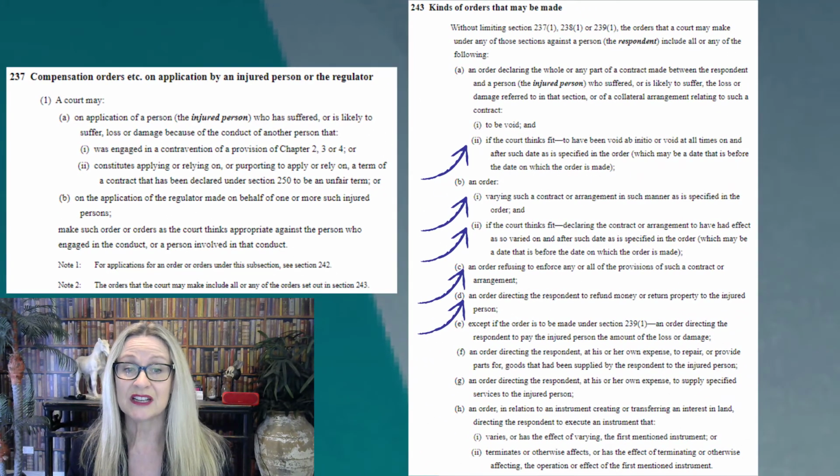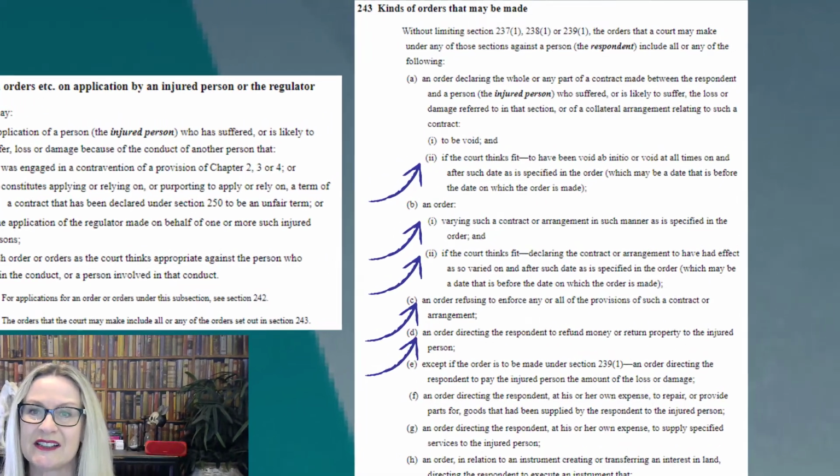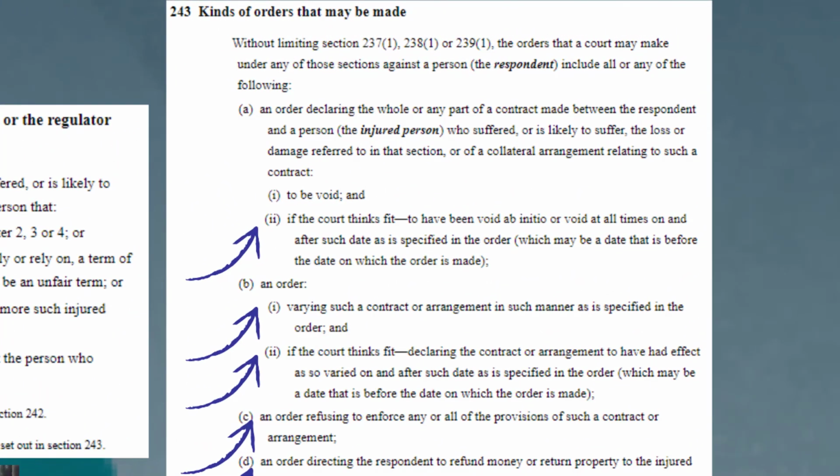Then note 2 says, for orders that the court might make, go ahead and have a look at 243. So then we go ahead and we have a look at 243, and it's an inclusive provision, we see immediately: without limiting section 237, blah, blah, blah. The kinds of orders include all or any of the following, all or any. So it's like this Christmas present bag of stuff that you might select from.